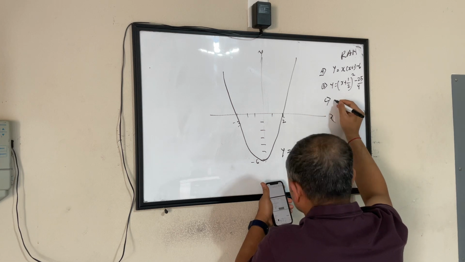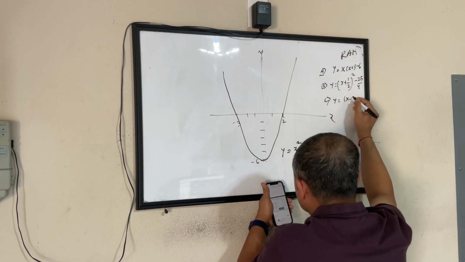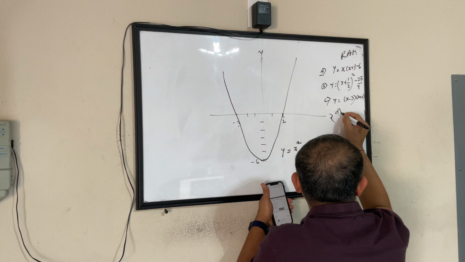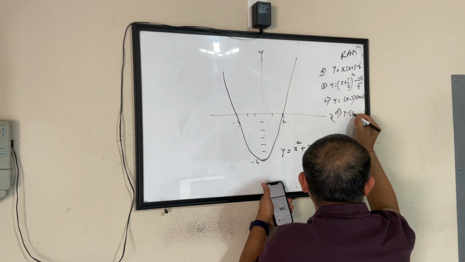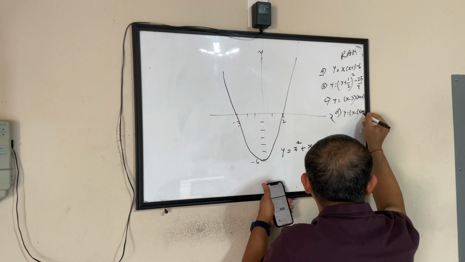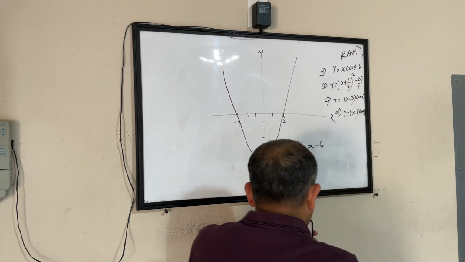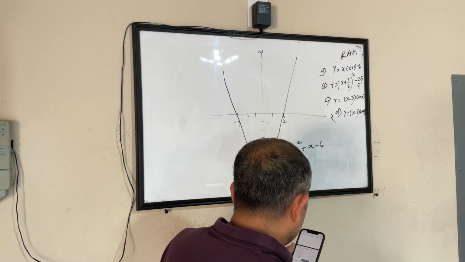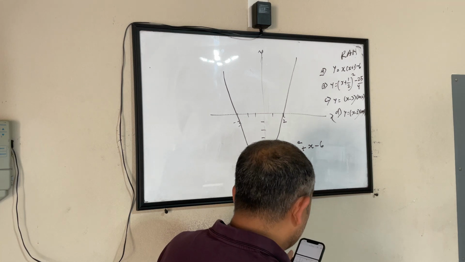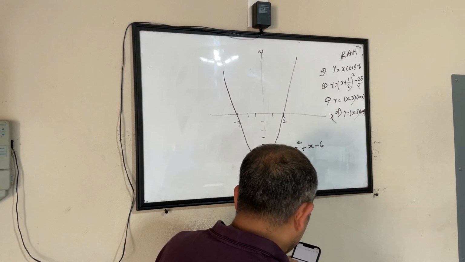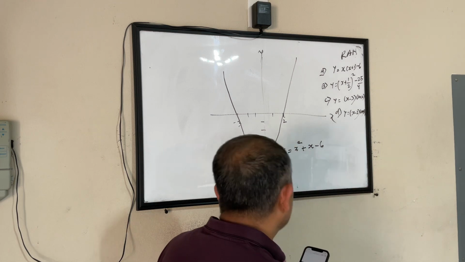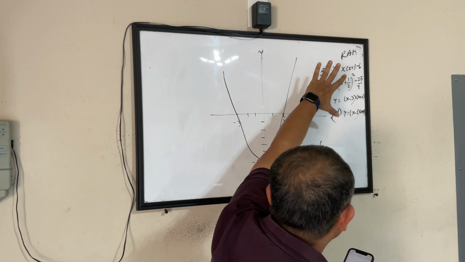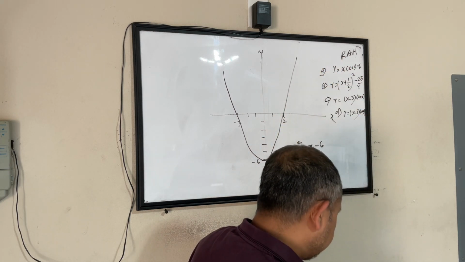C says y equal to x minus 3 into x plus 2, and D says y equal to x minus 2 into x plus 3. Okay? So now I'm reading the question for one last time, okay? It says, which of the following is an equivalent form of the equation of the graph shown in the xy plane, from which the x-intercepts can be identified as constants in the equation? So from this one, your x-intercepts can be identified as the constants in the equation.